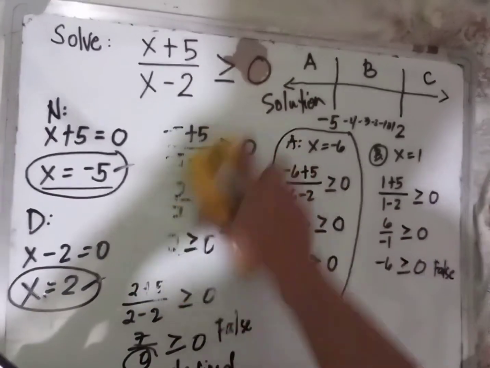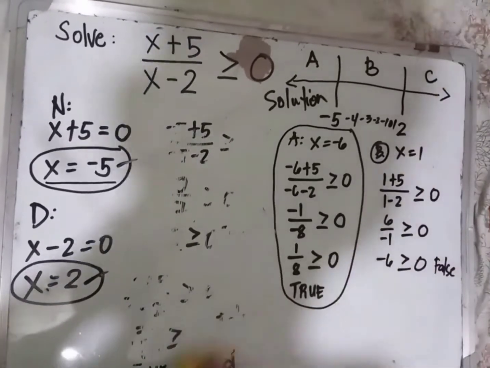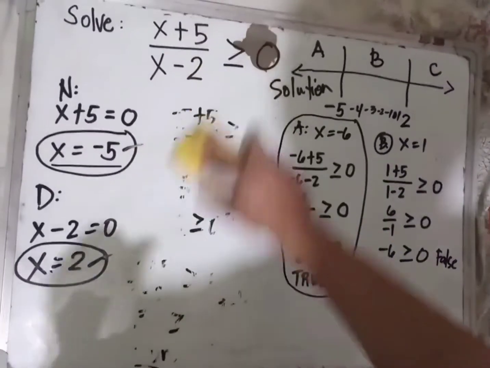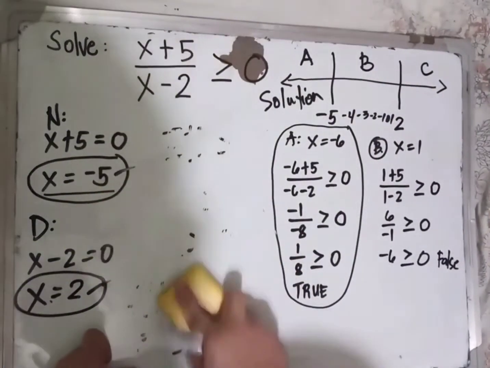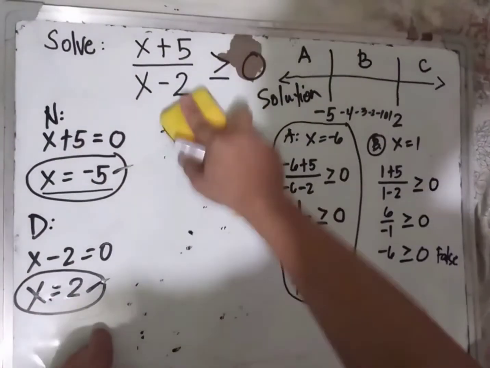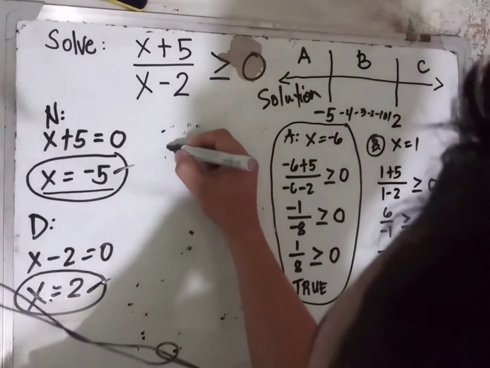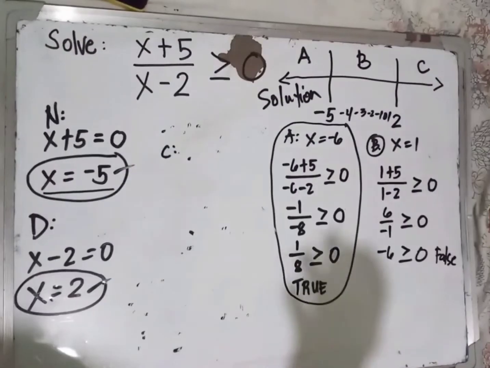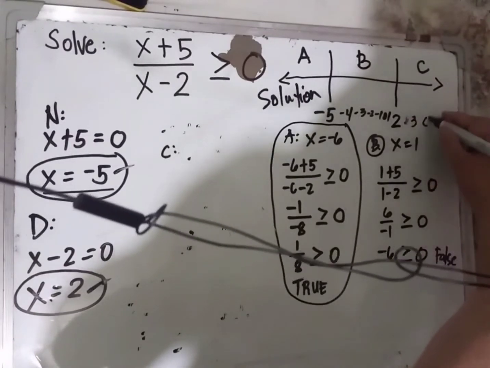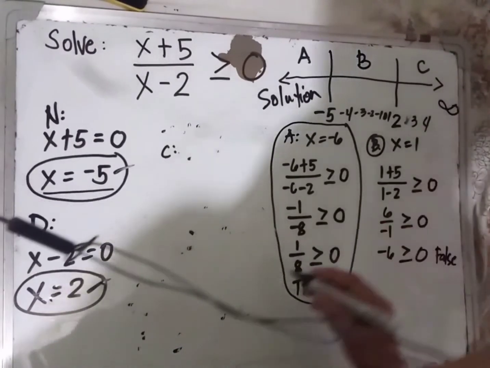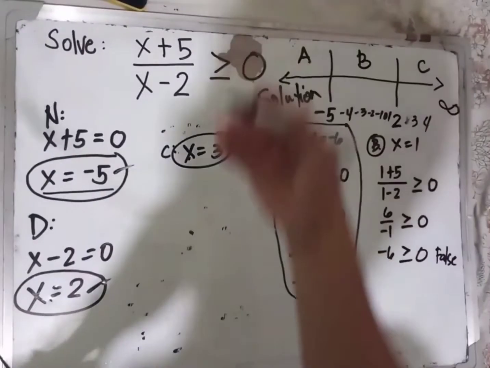Interval C. Okay, interval C. Any numbers belong to interval C. So from negative 3, 4 until positive infinite numbers. So we will use x equals 3. Substitute that to the given inequality.